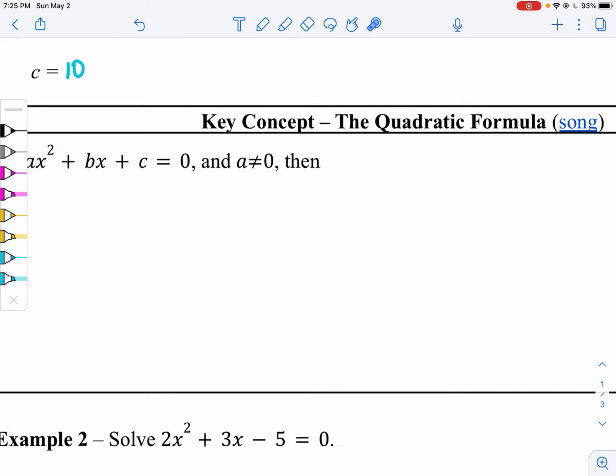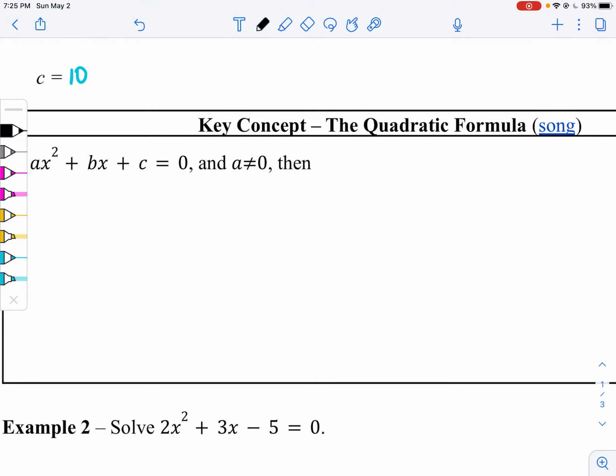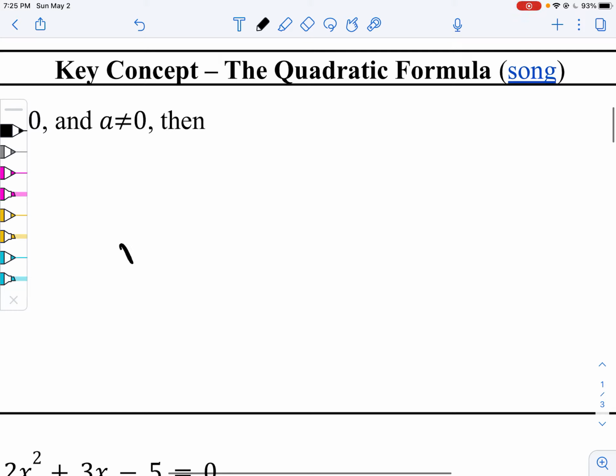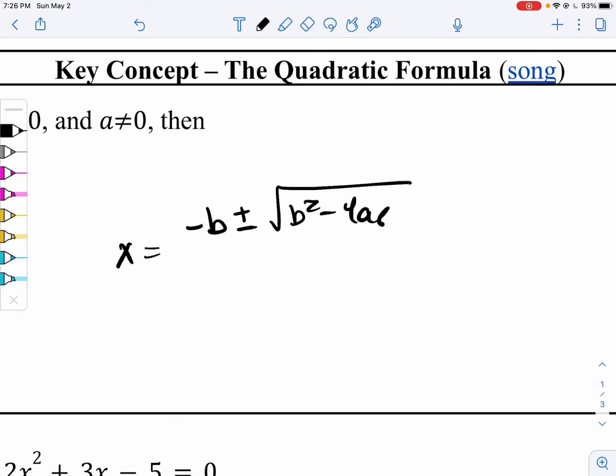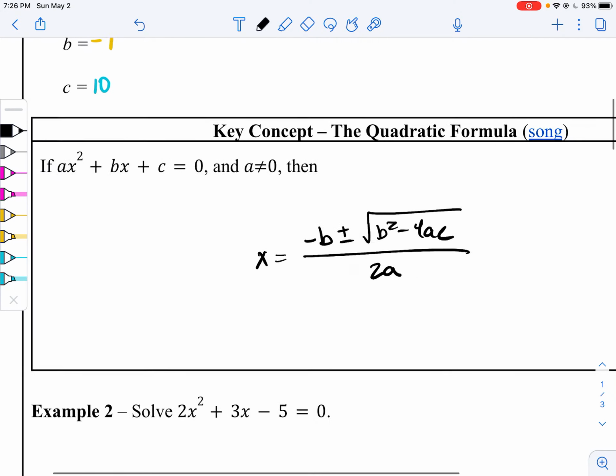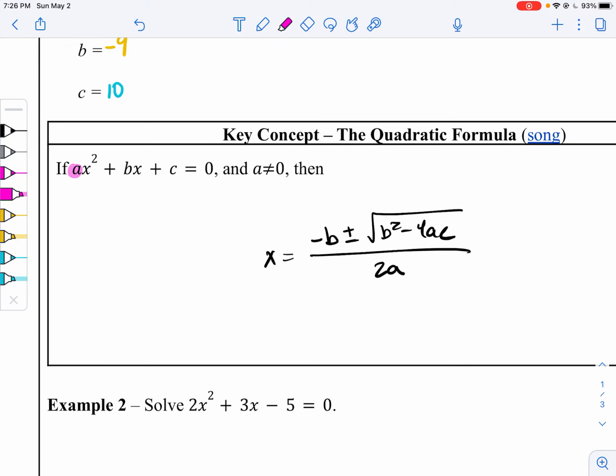So here's the quadratic formula. It goes like this. You go x equals -b plus or minus the square root of b squared minus 4ac all over 2a. So if you know your a, you plug it in right here on top and on bottom. If you know b, he's the rock star.